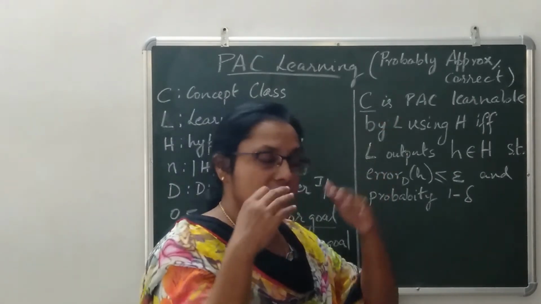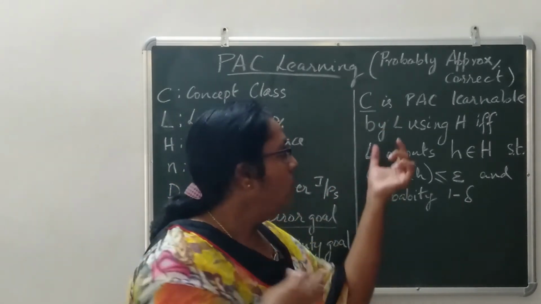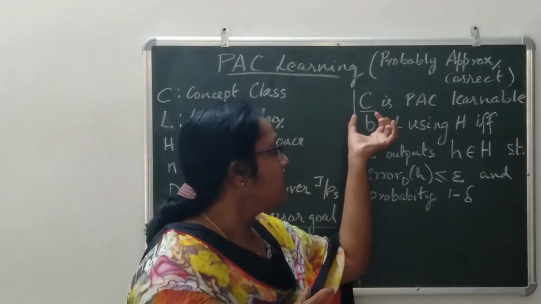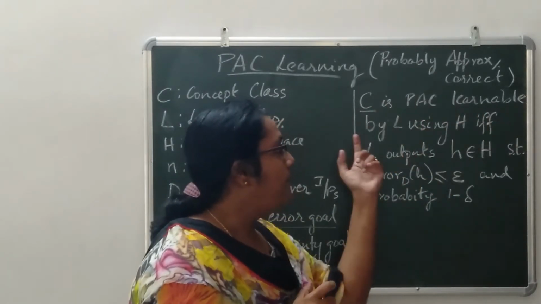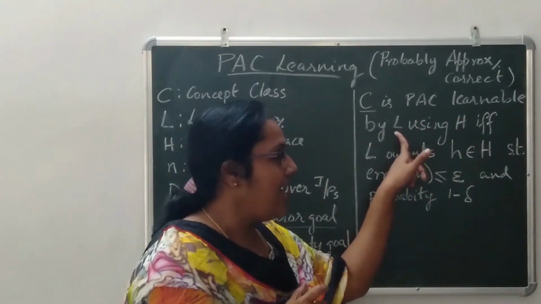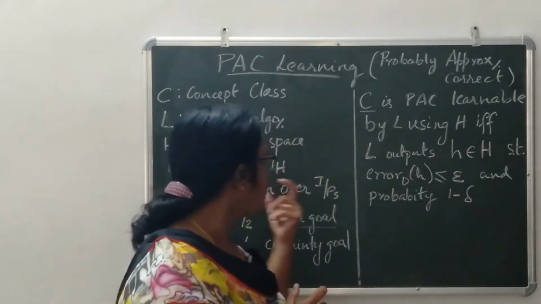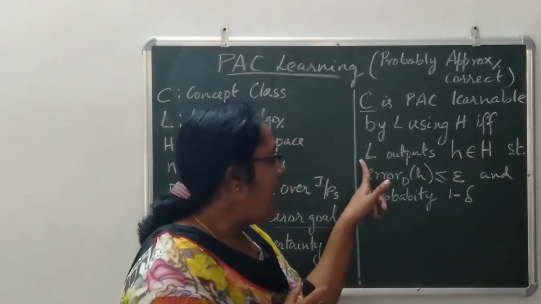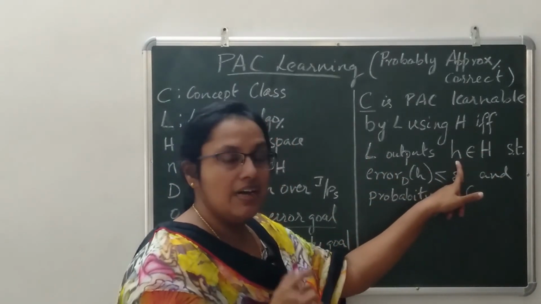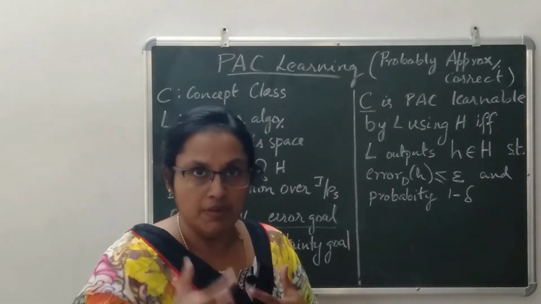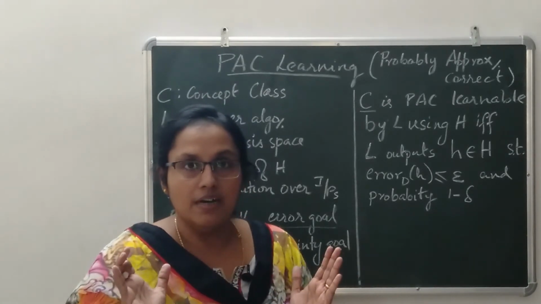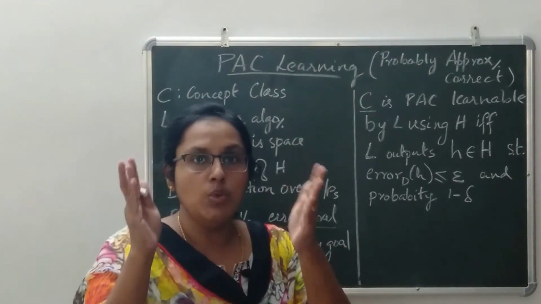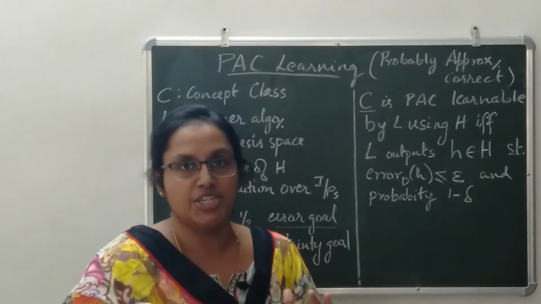So this C is in between S and G. C, a particular hypothesis within that space, is PAC learnable by a learner algorithm L using the hypothesis space H if and only if L outputs a hypothesis, after it has learned, that satisfies certain conditions.